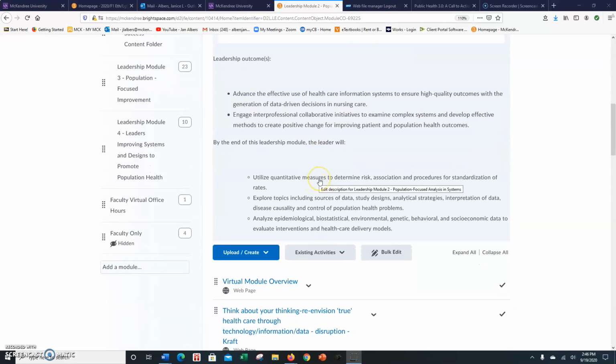So we have our leadership outcomes. We're going to look at effective use of healthcare information systems. We're going to look at that collaborative piece, and this is something as DNP prepared nurses that is extremely important to build these skills.